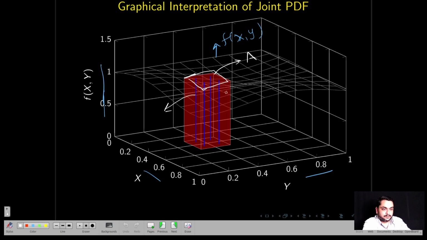So whatever height you see here is the probability volume, the probability that we are calculating. For a single variable we calculated the area under the curve. Here it is the volume because it's the xy plane. These are the single probability values that we calculate, P1, P2, those values. So this is how you have to imagine it.